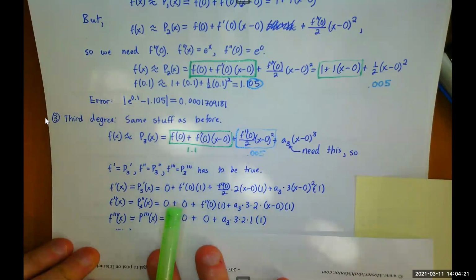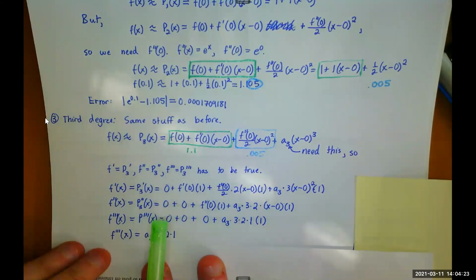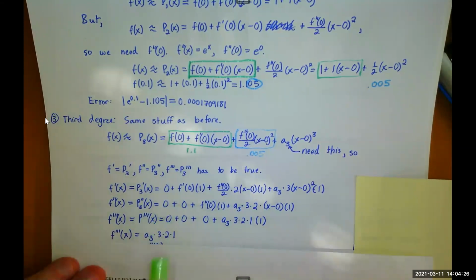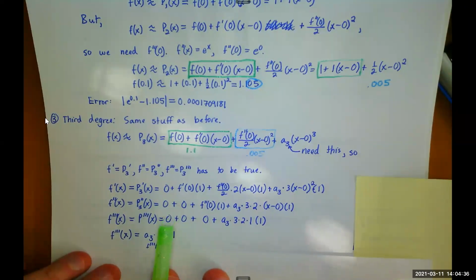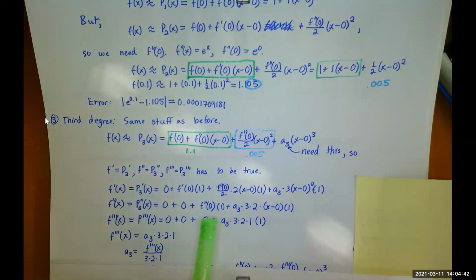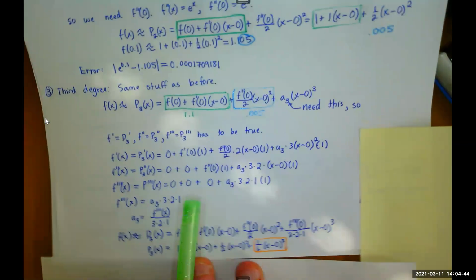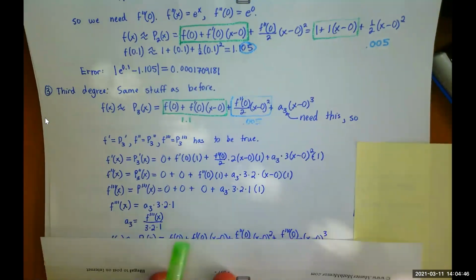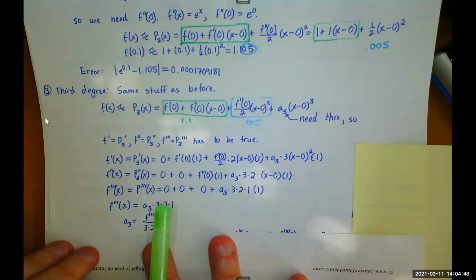So we can simplify and say f triple prime of x, the third derivative of f of x, is a sub 3 times 2 times 1. Or, as we're interested in knowing what a sub 3 is, a sub 3 is f triple prime of x divided by 3 times 2 times 1.